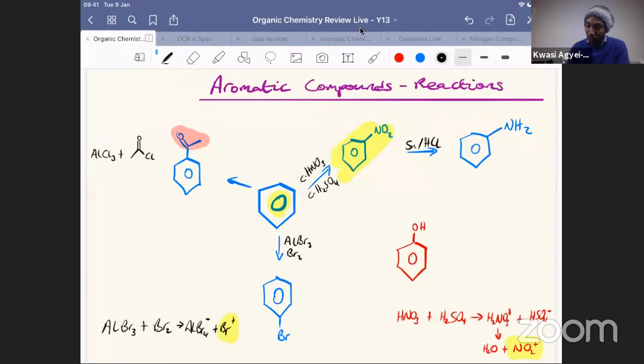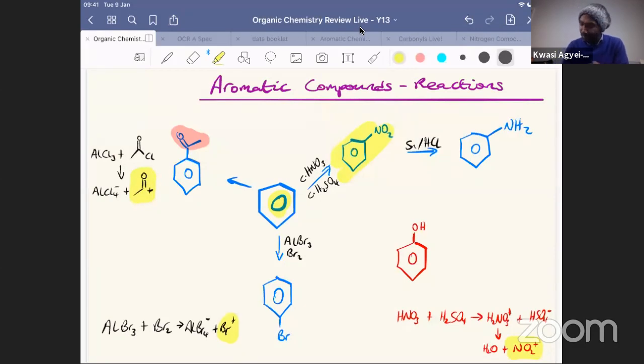Okay, so that would form AlCl4- and your acylium ion. Okay, and again, that is your electrophile, so this acylium species here. Okay, so what you can see with benzene is that all of the electrophiles it reacts with have got a formal positive charge on them. So it's a full plus charge to give you the electrophilic species.